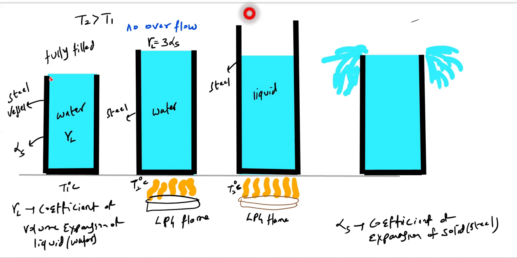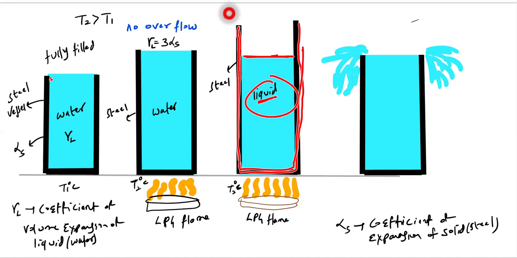Now I will raise the temperature. Then the solid, the steel, will expand. If the liquid level in the vessel decreases at higher temperature, what does it mean? Then the solid expanded more than the liquid.